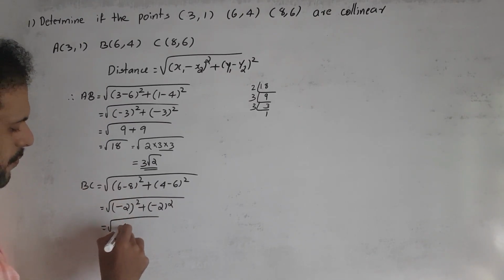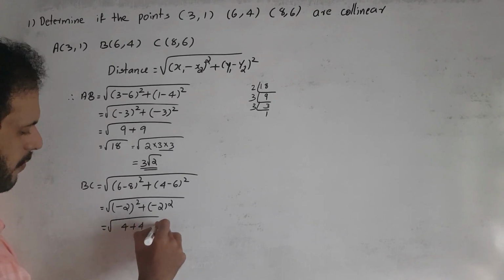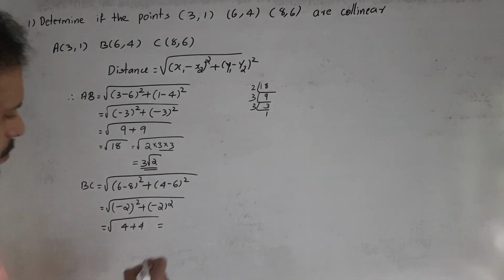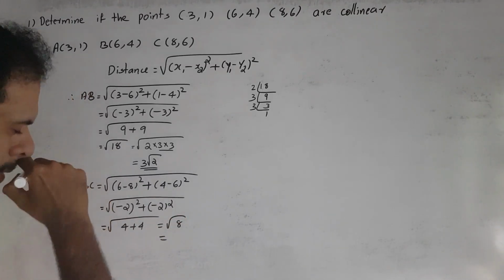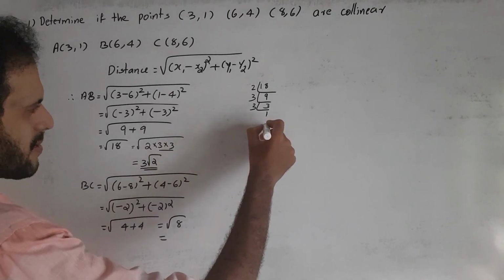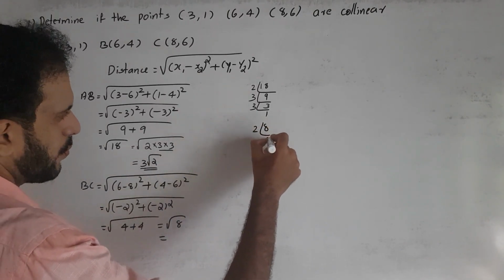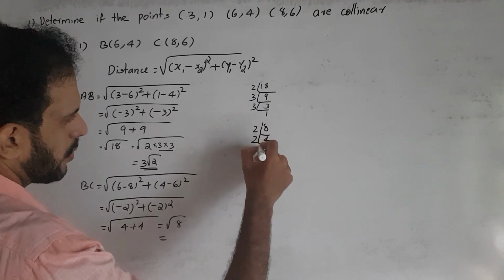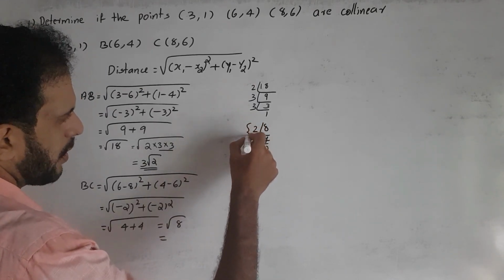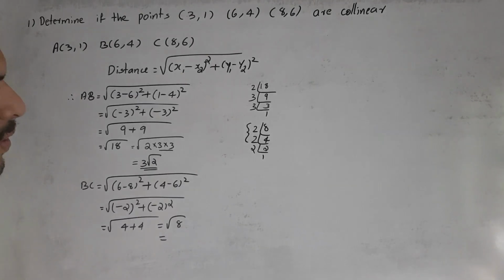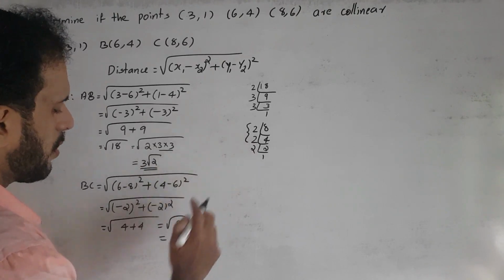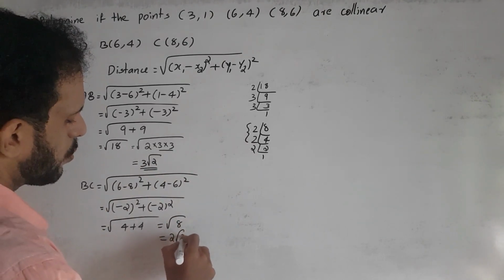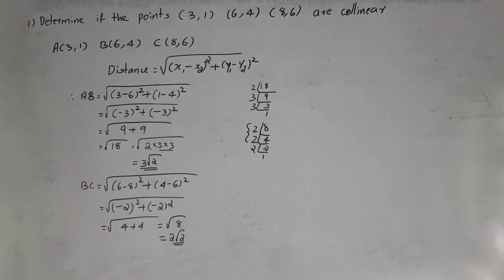Minus 2 square is 4, plus 4. What is 4 plus 4? It is root 8. Then how do we reduce root 8? 8, 2, 4, 2, 2, 1. We get one pair here, so one will come out and one remains inside the root. So the smallest form of root 8 is 2 root 2.